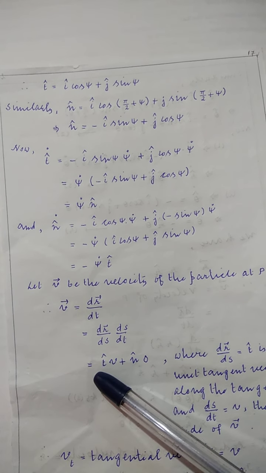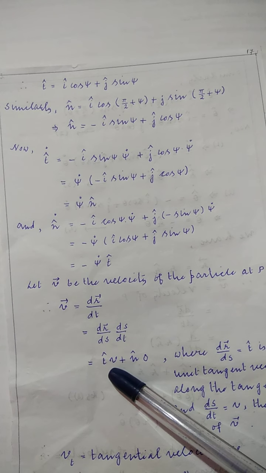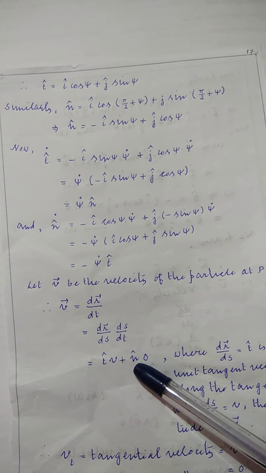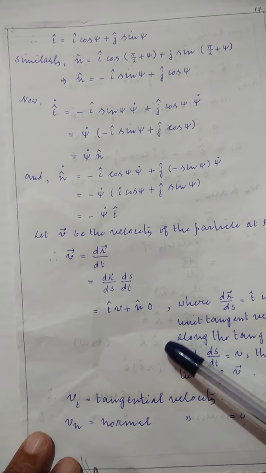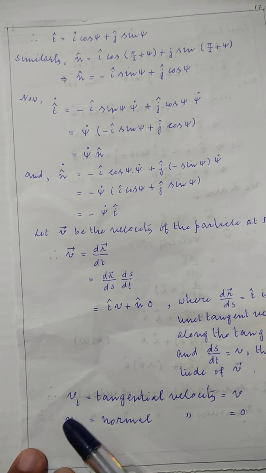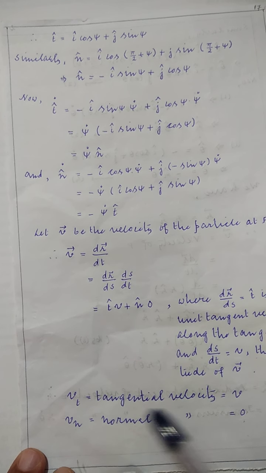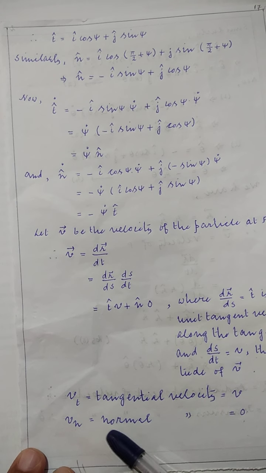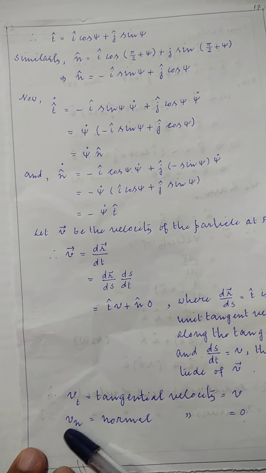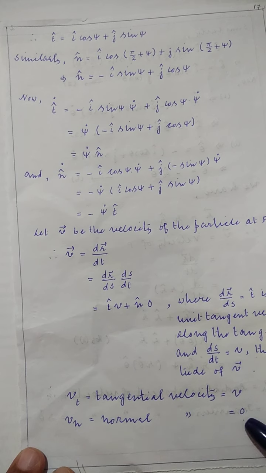The coefficient of t cap gives the tangential velocity, and the coefficient of n cap gives the normal velocity. Tangential velocity we denote by vt, so the expression for vt is v, and the normal velocity is denoted by vn, and the expression for normal velocity is 0.